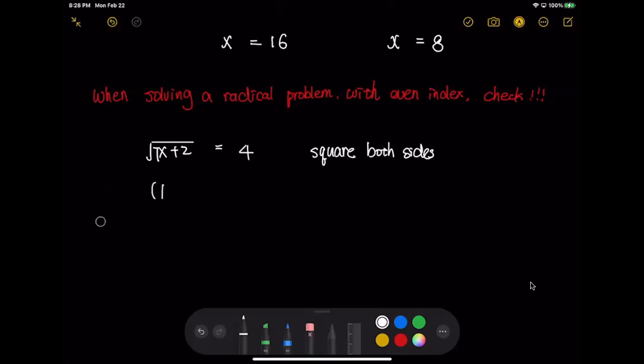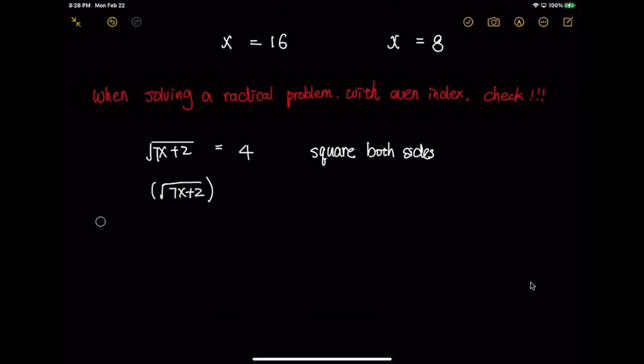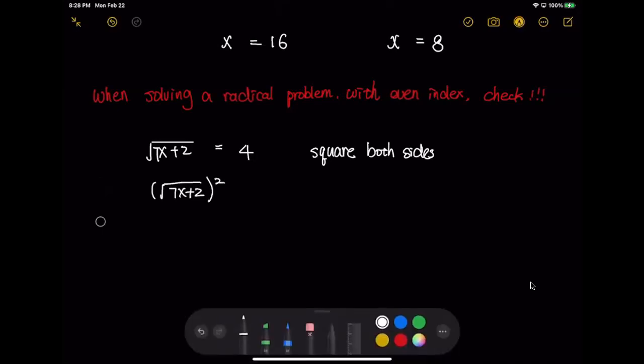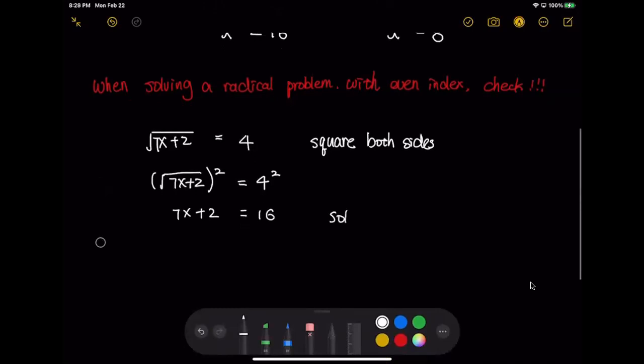So I have square root of 7x plus 2 squared equals 4 squared, so that I have 7x plus 2 equals 16. Now we solve for x. Now it's easy, right? You just need to subtract 2 on both sides. So I have 7x equals 14 and then divide by 7. So x equals 2.